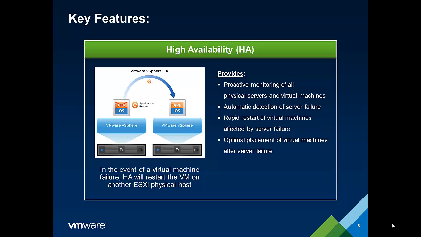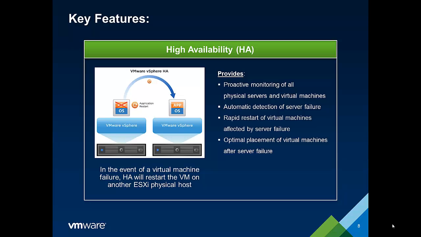So for example, if your OS blue screens on you and it fails, HA will detect that. It will go ahead and restart that virtual machine on another host. So it will automatically reboot it and bring it up on the other host, and there was no interaction that had to be done by the administrator.